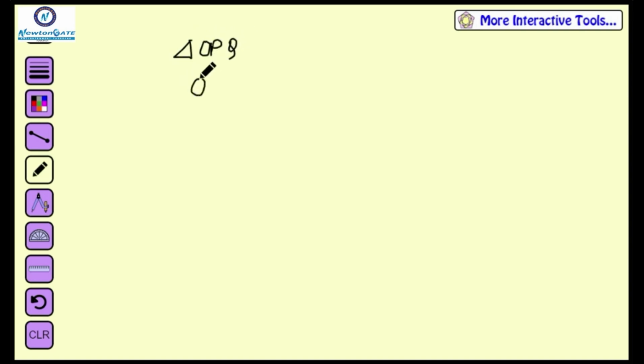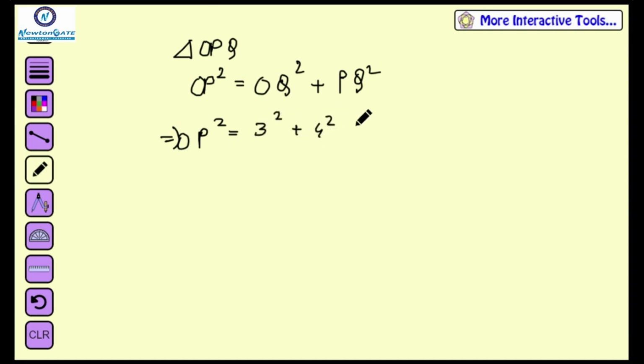So by the Pythagoras theorem, OP square equals OQ square plus PQ square. Now we put the values of OQ and PQ. So OP square equals 3 square plus 4 square equals 9 plus 16 equals 25. So OP equals 5 cm.